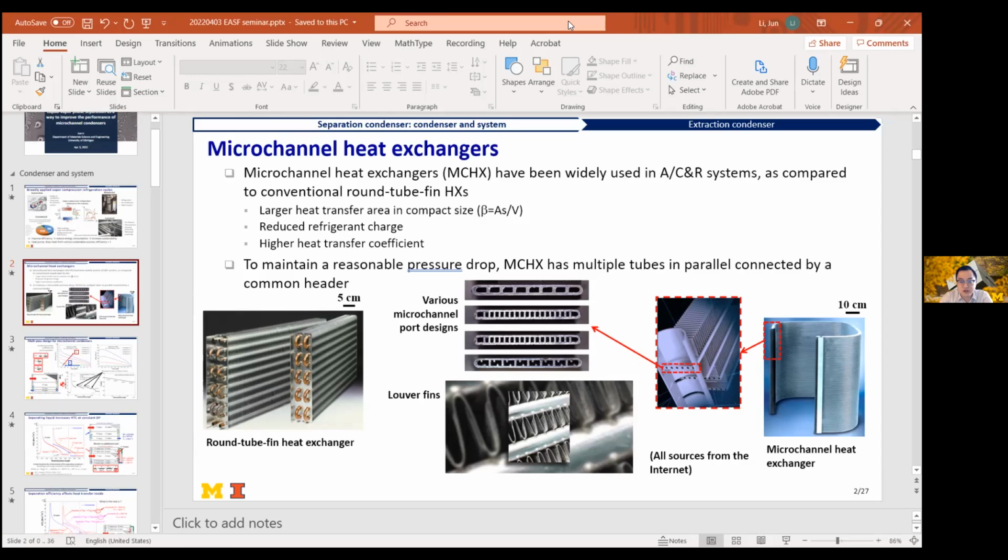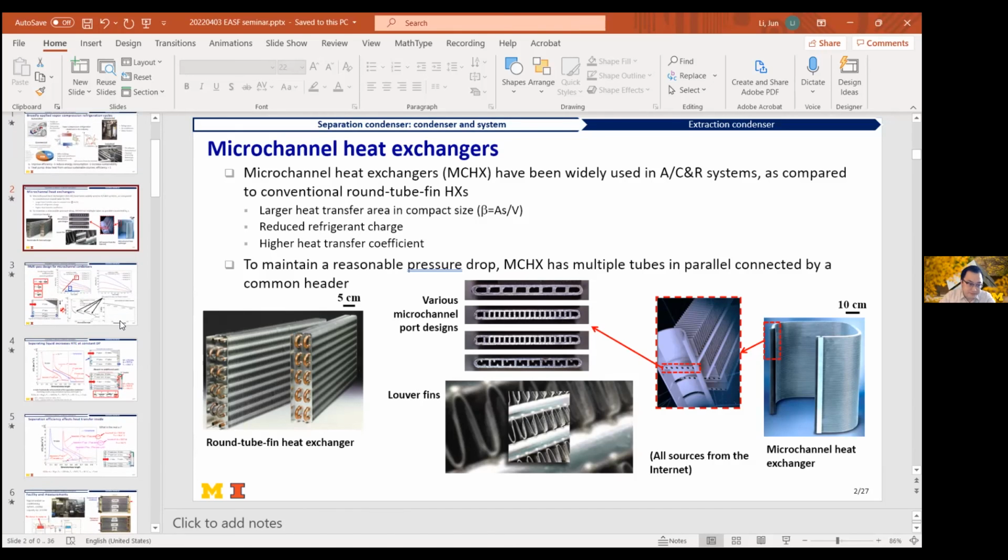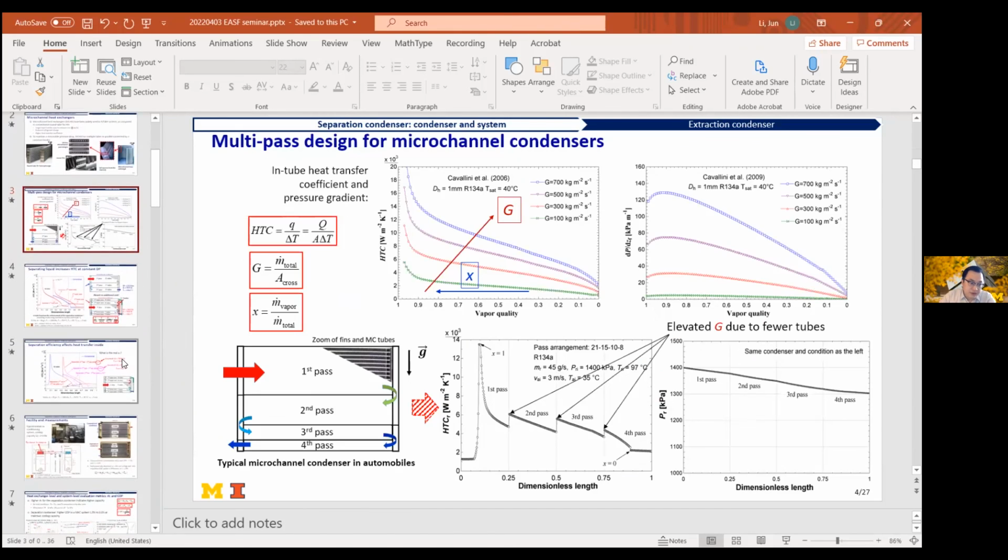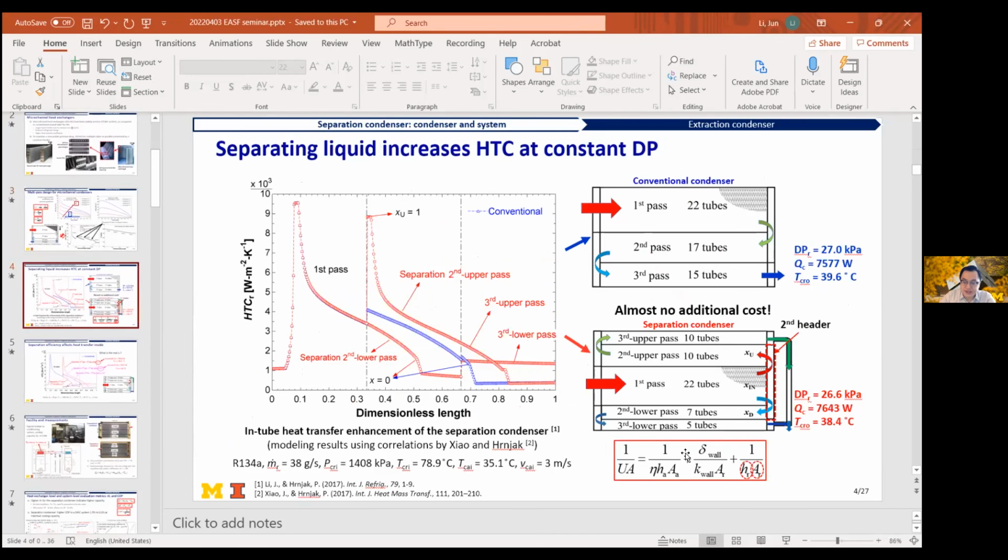And so essentially we need to put it in this equation. How much we increase on the air side only affects this term, the air side heat transfer coefficient, this is the air side area for the heat exchanger, and this is the fin efficiency.